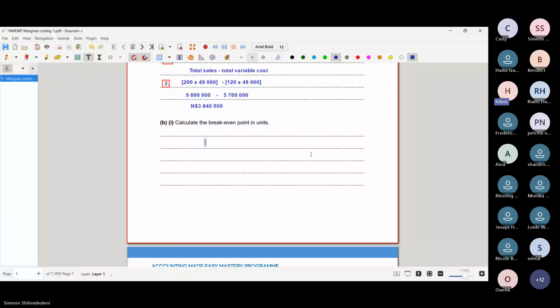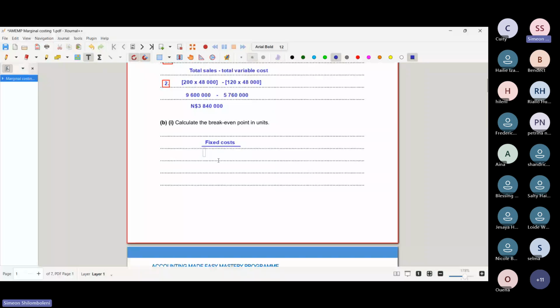Fixed cost divided by selling price minus variable cost. Okay. Fixed cost divided by contribution.